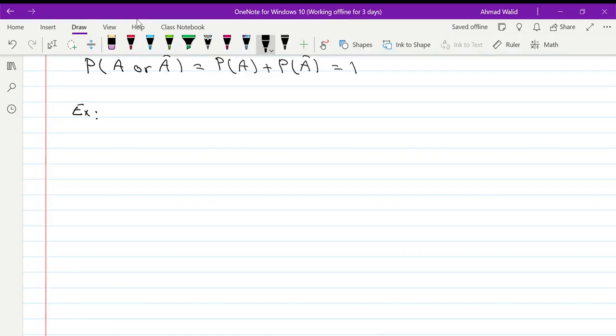A quick example here. We are looking for the P of girl. P of girl is given to you. The probability of having a girl is 0.512. For example, a couple wants to have a girl, correct? The percentage of having a girl is higher than the percentage of having a baby boy, correct?